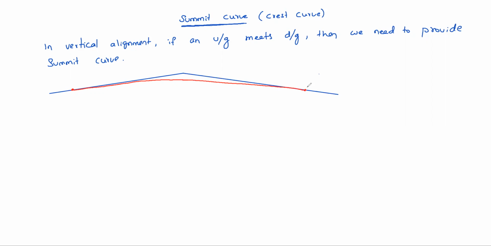So this is parabolic in nature. This curve is parabolic. So this is the upgradient meeting with the down gradient.